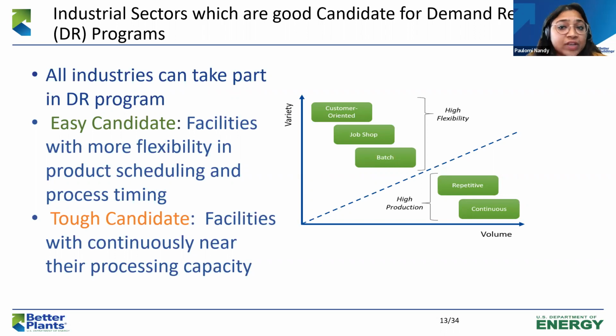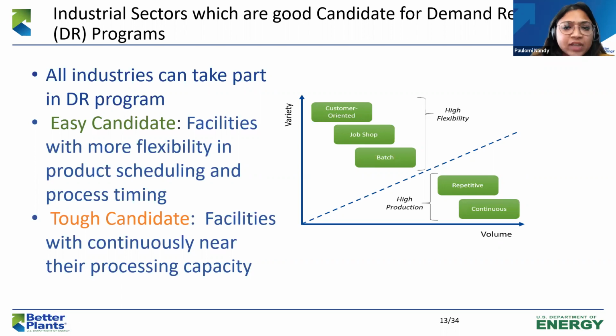Candidates who have more flexibility in their production schedule and process timing are much easier candidates, and they can easily deploy some form of DR. Whereas facilities that are continuously near their processing capacity and have higher volumes of production find it difficult to do DR. But there are still some strategies they can use to help curtail those demand charges.